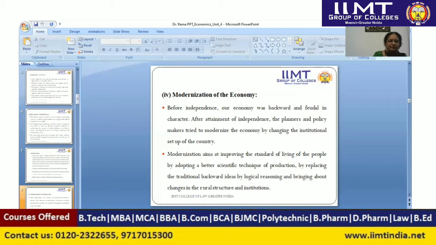The aim of modernization is to improve the living standard of the people, to remove their traditional backwardness, to use the modern techniques and technology of production so that their style of living may be changed and the condition of the rural areas may be improved.